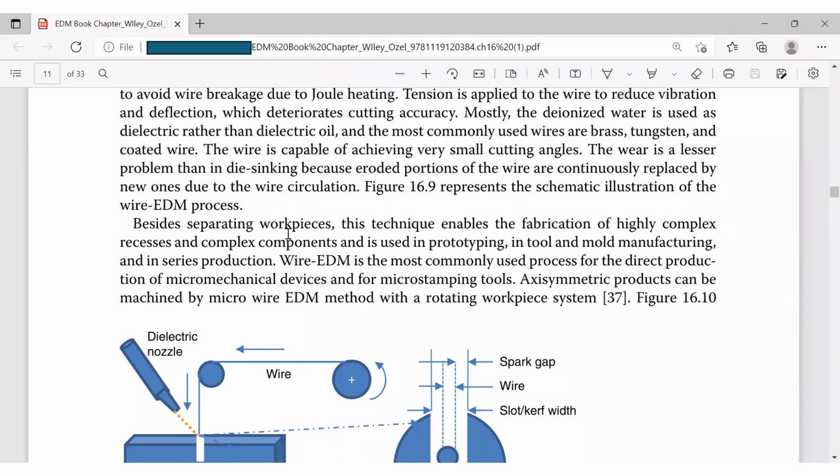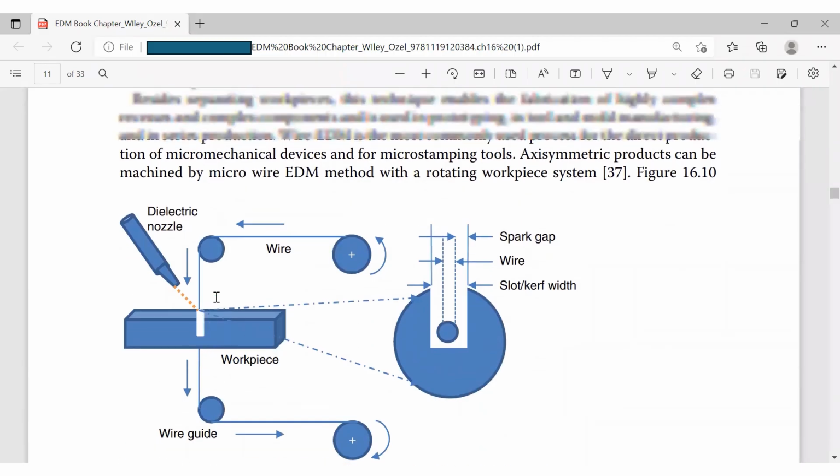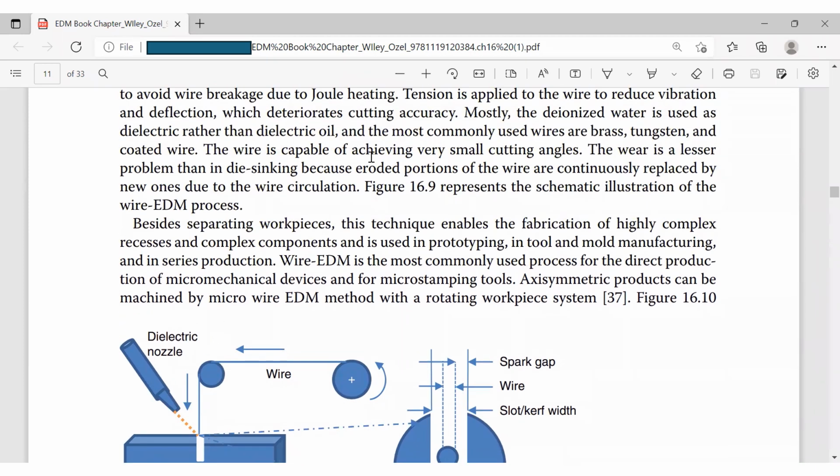Because of separating the workpiece, you can just cut this slot this way to separate the workpiece. So this technique enables the fabrication of highly complex recesses and complex components, and is used in prototyping, in tool and mold manufacturing, and in series production.